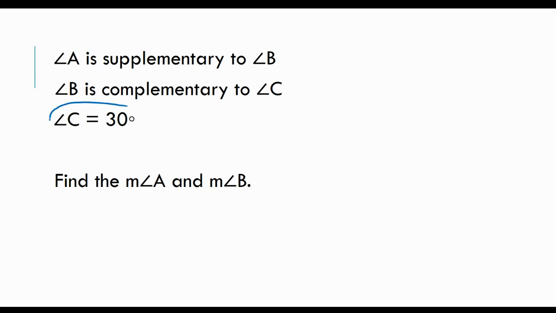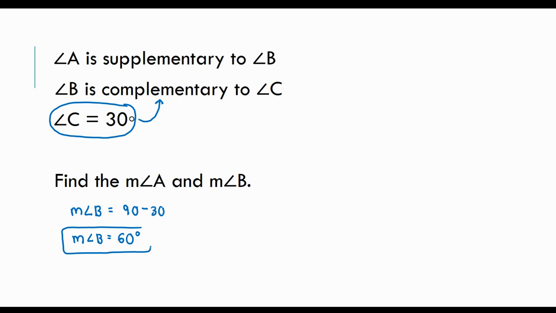So this time, because we're given the measure of angle C, we have to go right back up to that second statement first. So really, the first thing we're going to be able to find is the measure of angle B. Because if B and C are complementary, remember, 90 minus this 30 degrees is going to tell us that the measure of angle B is really a 60-degree angle.